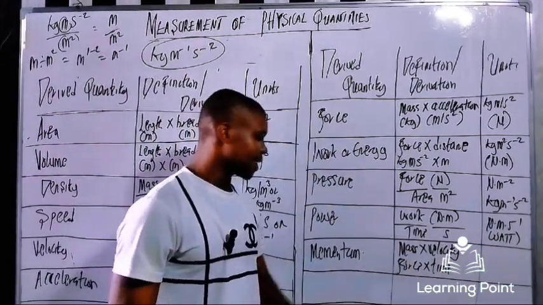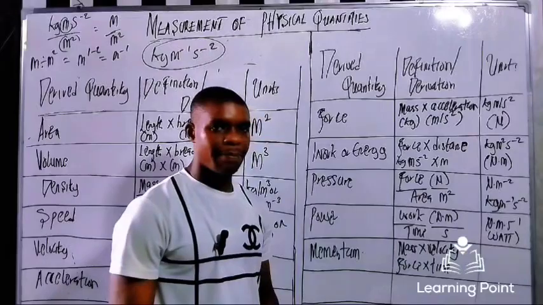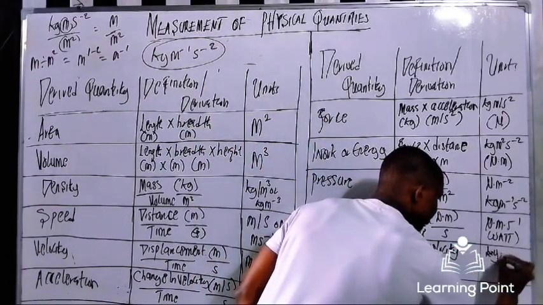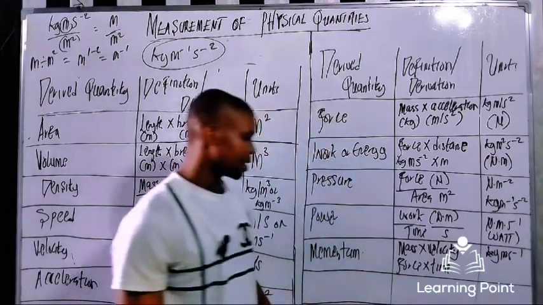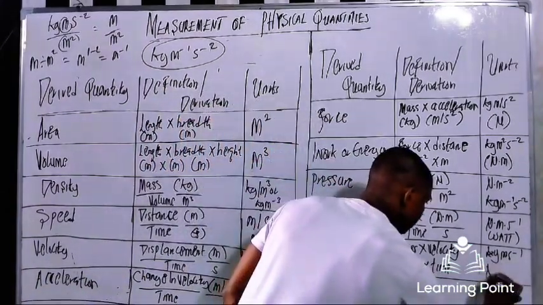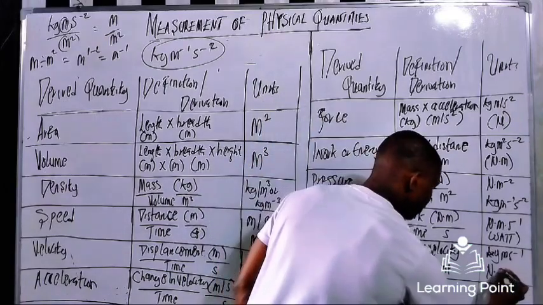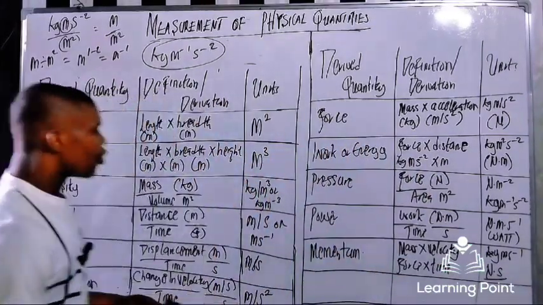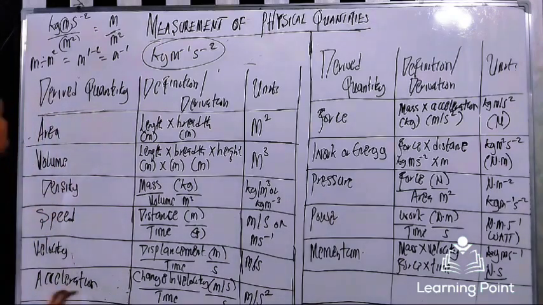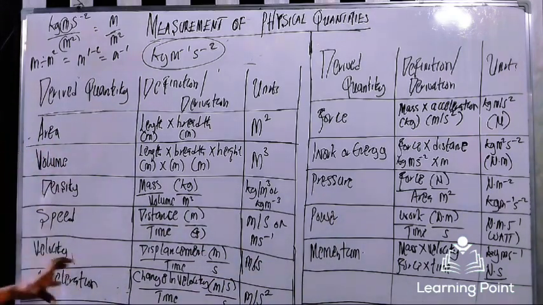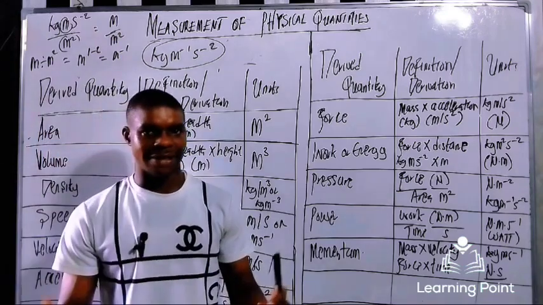Remember, my mass is kg, my velocity is meter per second, so it's going to be kg meter per second. Can you see that? Now remember, force is Newton, time is seconds. That is it. So these are the key derived quantities you are going to use in physics, and you have to take them down because you are going to see them in the exam.